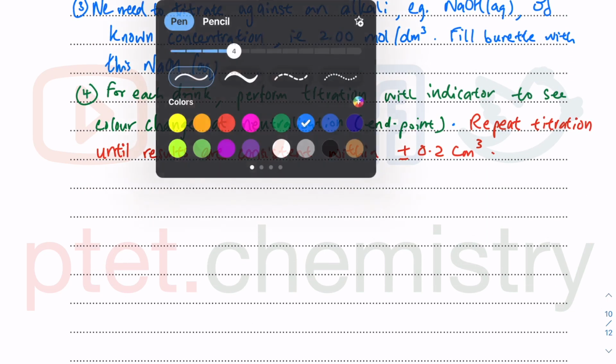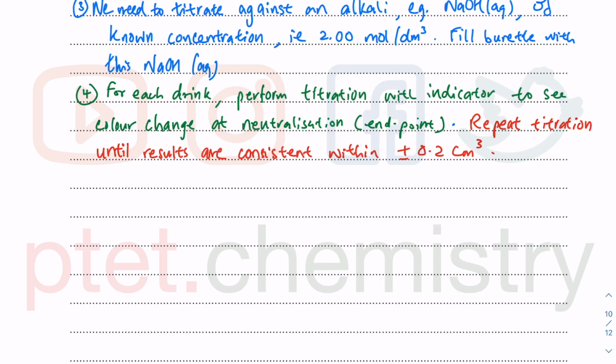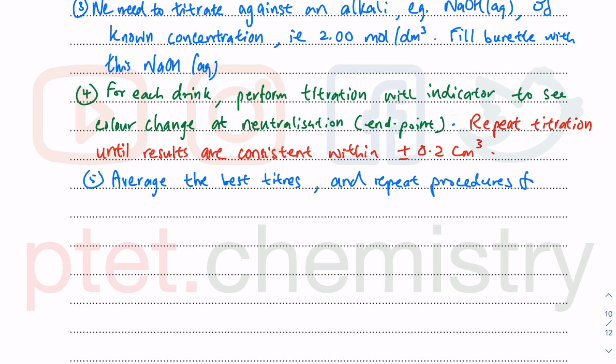And then we will average the best titres, that means the accurate titres that are within plus or minus 0.2 cm³. And repeat the procedure for the other drink after you have finished the titration for one particular drink.